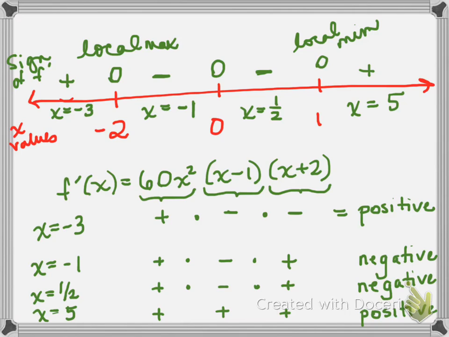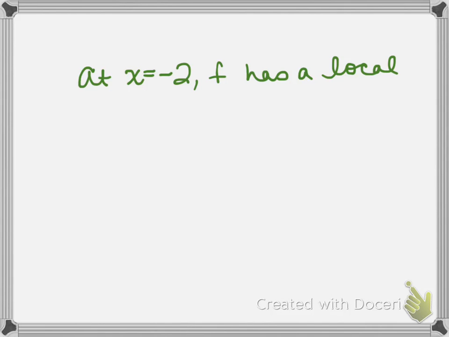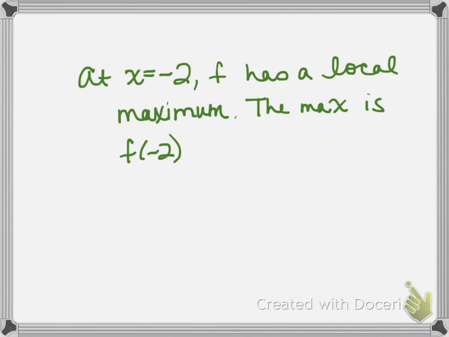Let's write out our answer. At x equals -2, f has a local maximum. That local maximum value is f of negative 2. We could compute that.